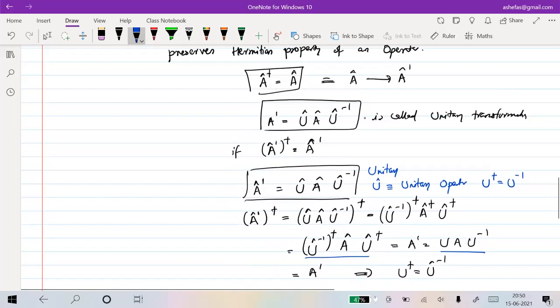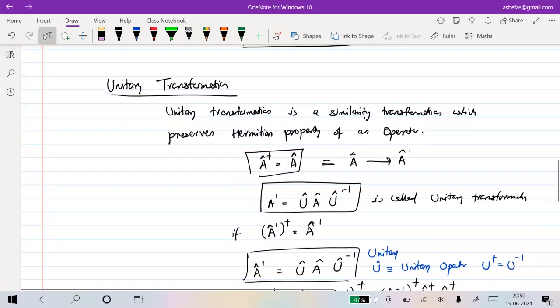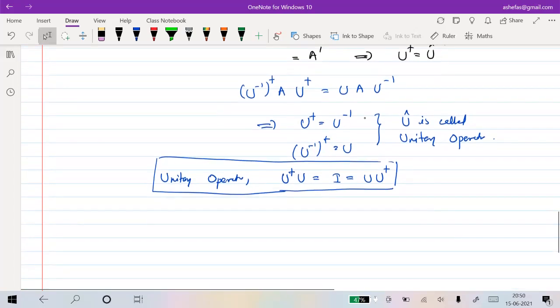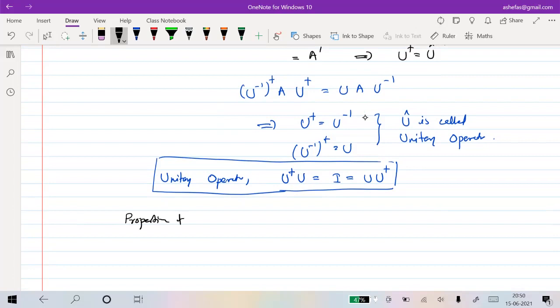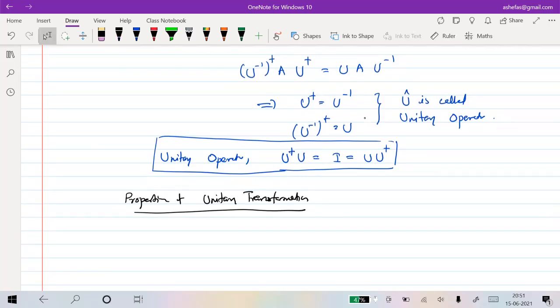Okay, and we have discussed what is meant by the unitary transformation. Now there are certain properties for unitary transformations. The first thing is the eigenvalues of an operator will be unchanged under unitary transformation.